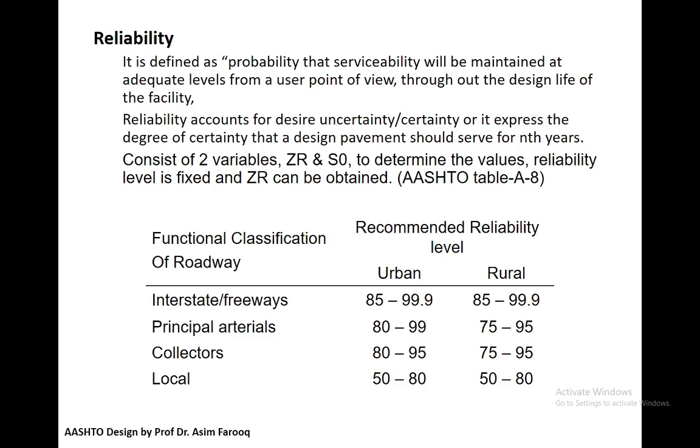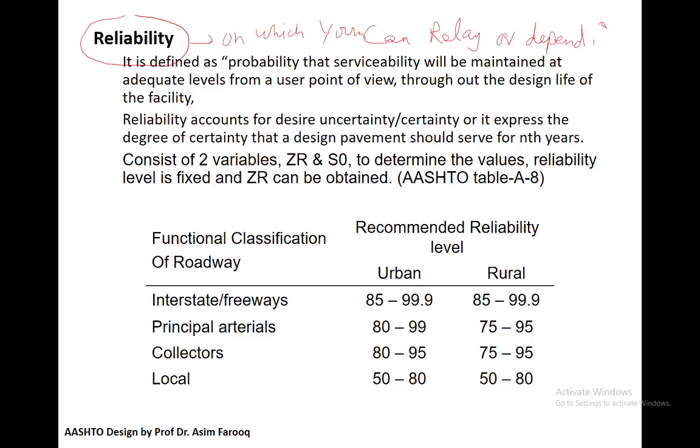Okay, so the next factor we have is reliability. What is reliability? Reliability accounts for the uncertainty, and it also expresses the degree of certainty that a given pavement will perform.